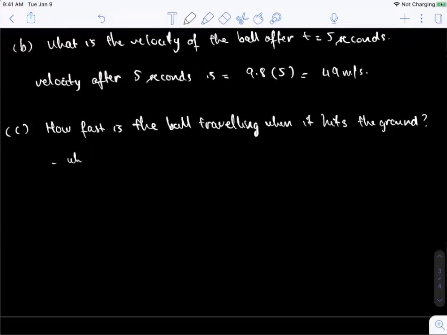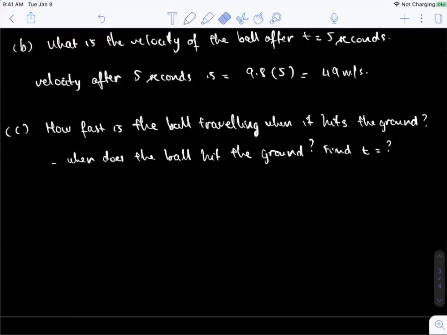First question to ask is, when does the ball hit the ground? Because in order to find the velocity, you need the time. We have the formula for the velocity, but you need time to make the substitution. So you need to find t equal to, right? So that's what we're looking for.